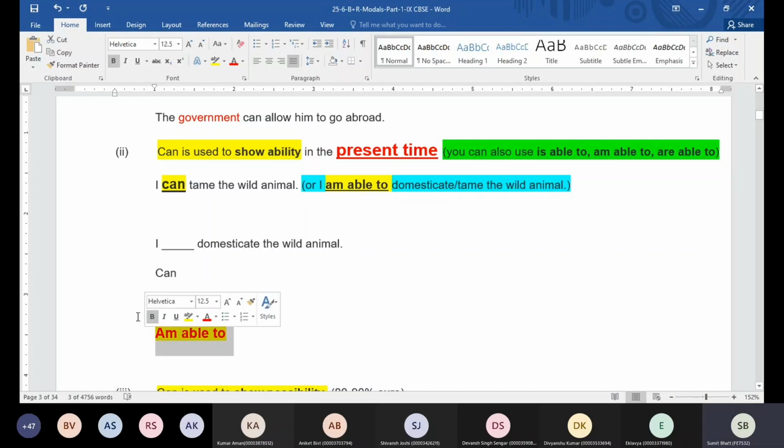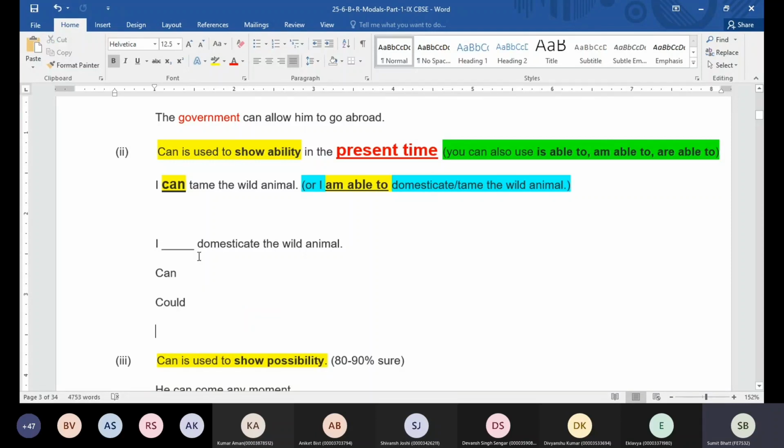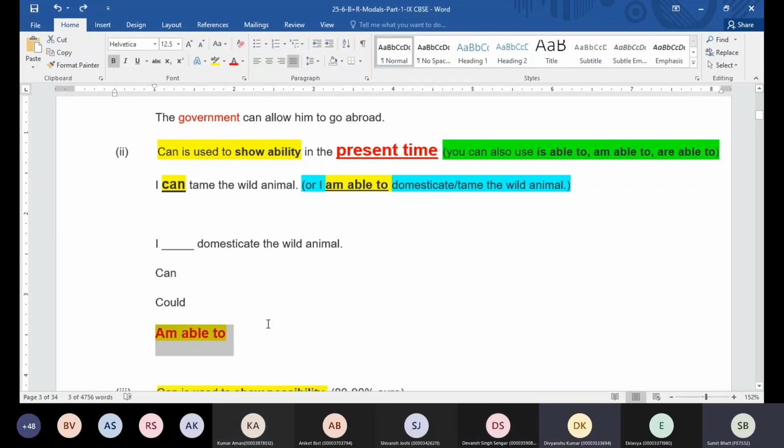Suppose I don't have this option and I have just, I dash domesticate the wild animal. In that case, I'm going to use can, because I'm referring to something in the present time. But if I have the primary helping verb option, I'm going to go with the primary helping verb with the main verb. The reason is that can is kind of a nickname and this is kind of a full name.